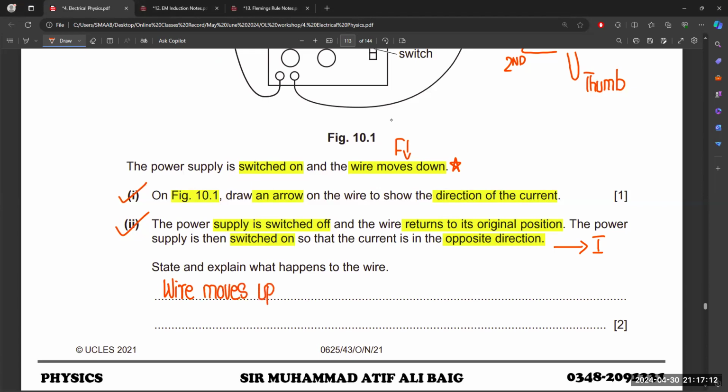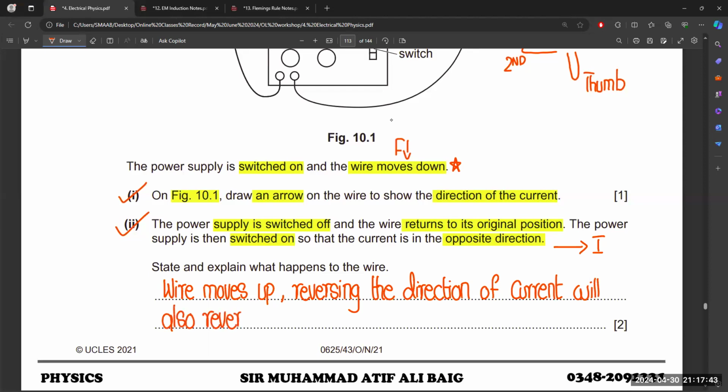The wire moves up, so reversing the direction of current will also reverse the direction of force.